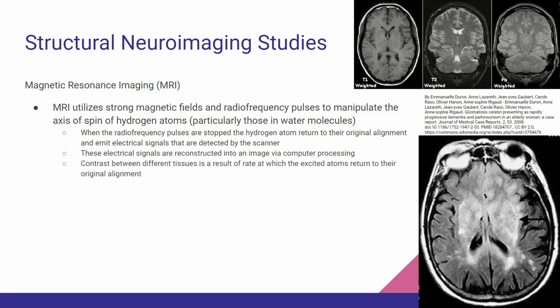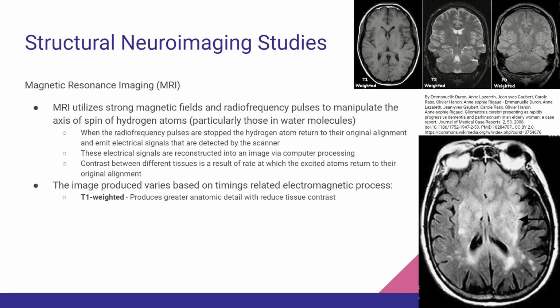Contrast between the different tissues is the result of the rate at which the excited atoms return to their original alignment. And the image produced varies based on the timings of measuring this electromagnetic process. So you can have a T1 weighted image that produces greater anatomical detail with reduced tissue contrast. And in these images, the cerebrospinal fluid appears dark.